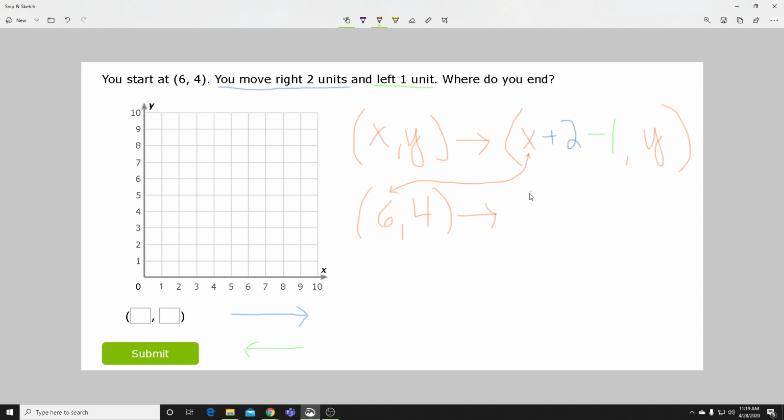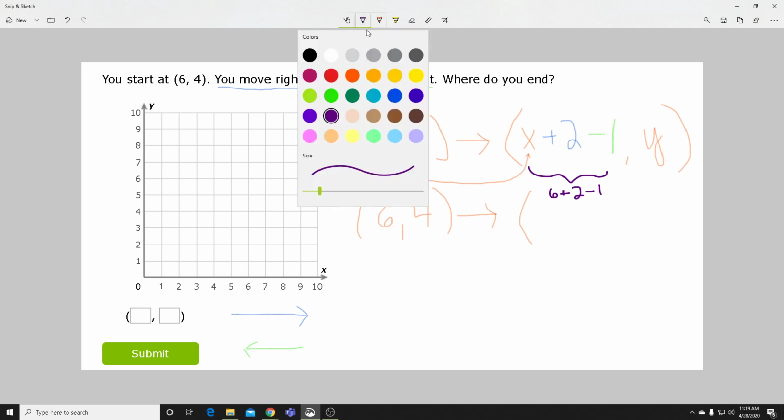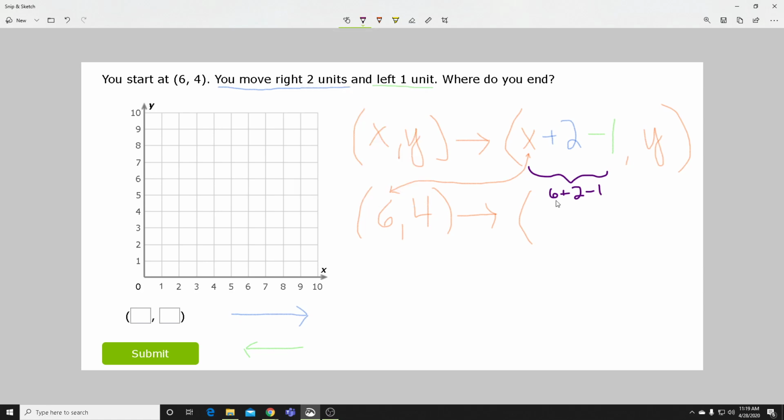So to find our x coordinate here, we're going to do 6 plus 2 minus 1. That'll give us 8 minus 1, 7, 4. Because we keep the same y, we didn't go up or down.